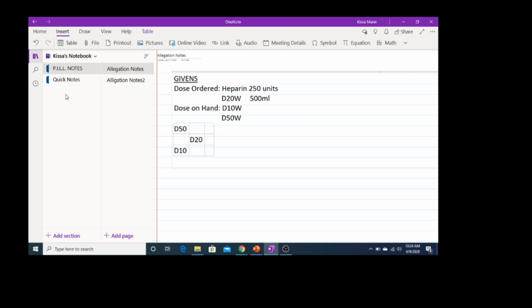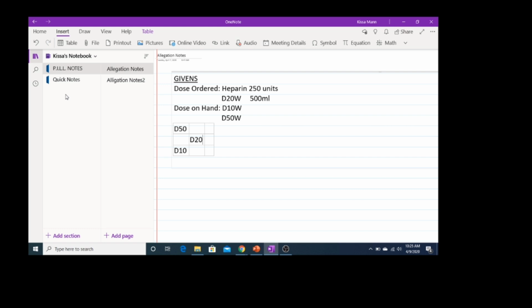It doesn't matter if you put the 10 up high or the 50 up high. You should end up with the same value for how many parts you need for your lowest concentration and how many parts you need for your highest concentration. Although I encourage you, if you are performing these equations, to stick to a standardized rule of thumb. It may not be the book standard, but stick to a standard way of performing it every single time so that you don't confuse yourself in future equations.